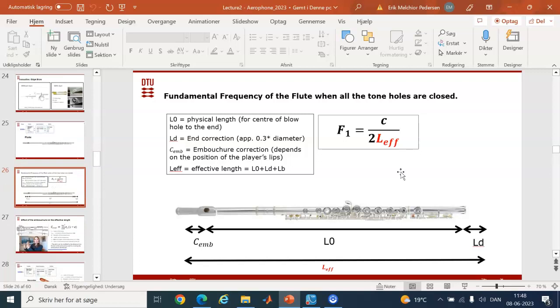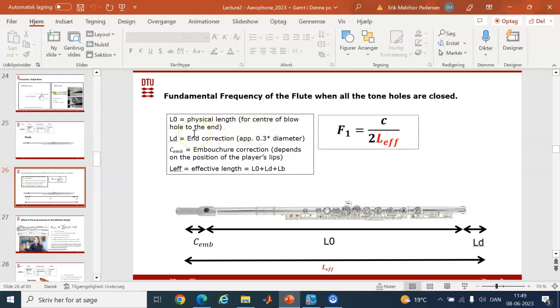The fundamental frequency of the flute when all tone holes are closed. We see here L0, the physical length from the center of the blow hole to the end.